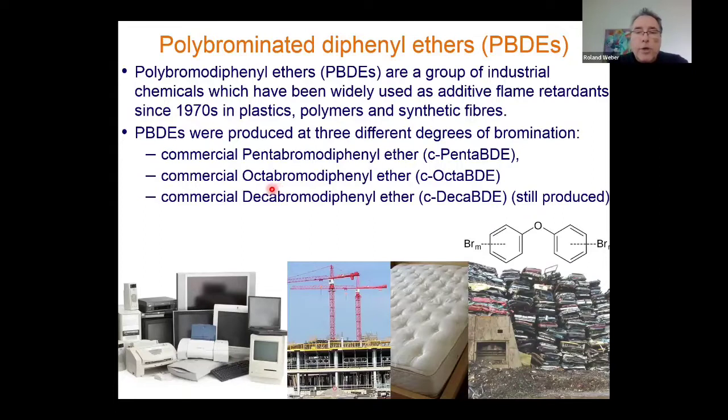The commercial octabromodiphenyl ether has an average bromine content of 8, but it also contains hexa, hepta, octa, and nona. The major commercial product was and is the decabromodiphenyl ether, the fully brominated diphenyl ether.